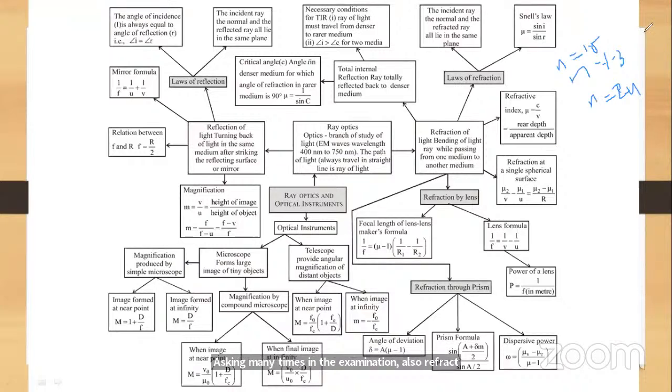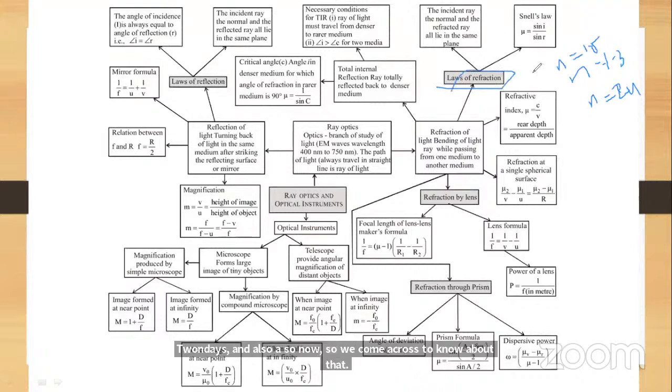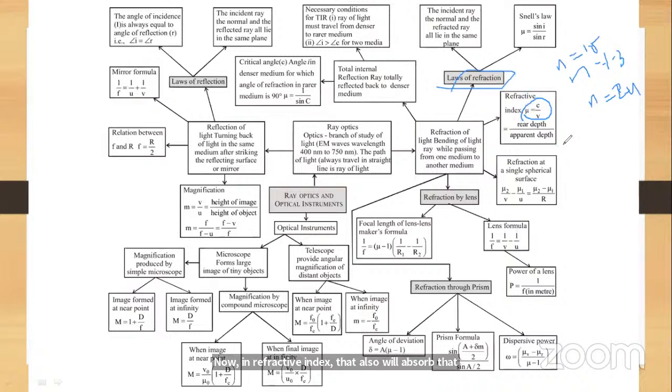So now we have come to know what refractive index and the laws of reflection are. In refractive index, we observe a ratio of the velocity of light in one medium, that is the air medium, to the velocity of light in the other medium. That ratio is called the refractive index.